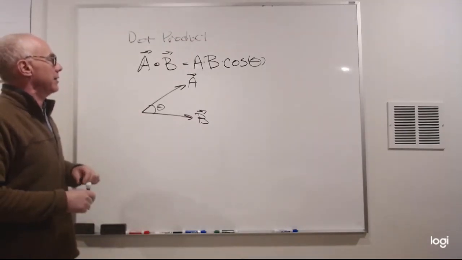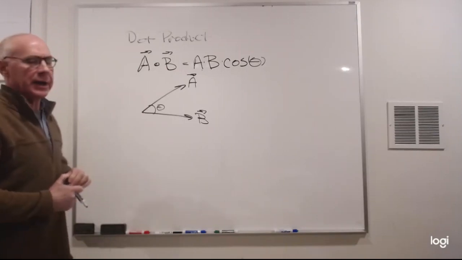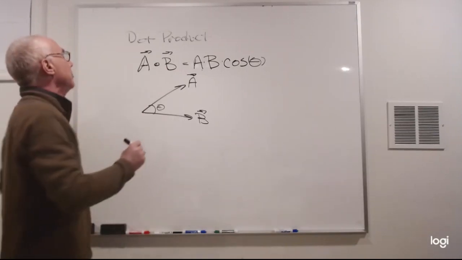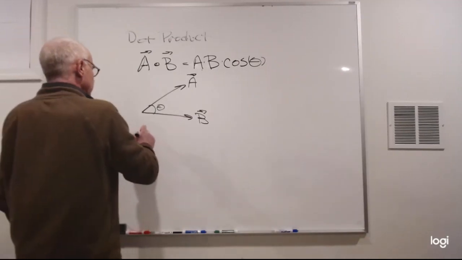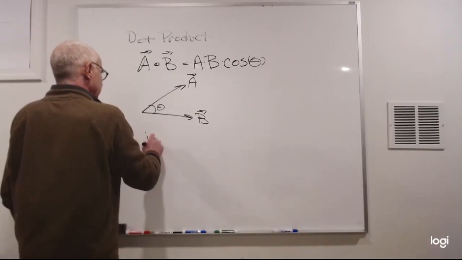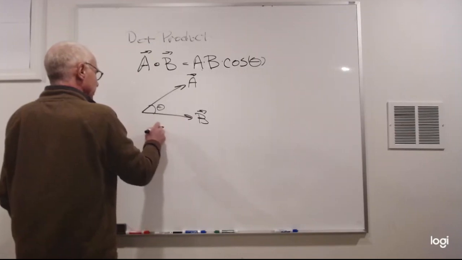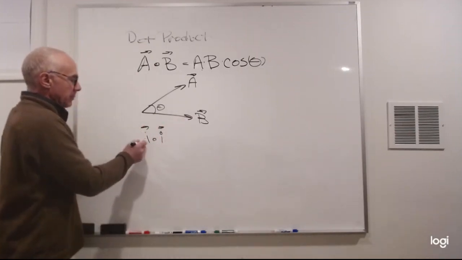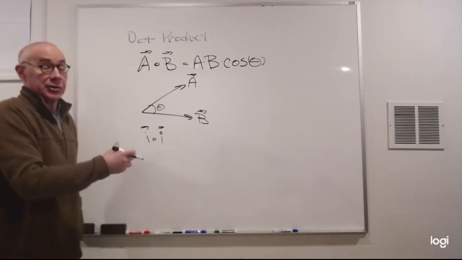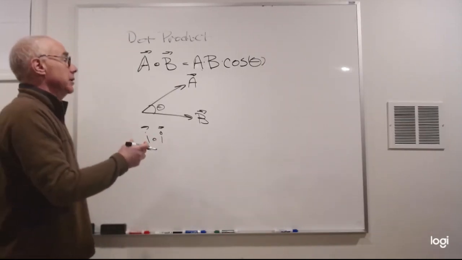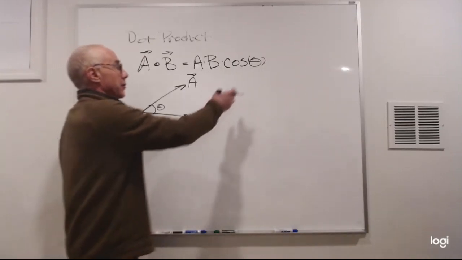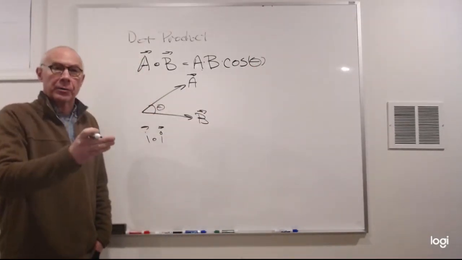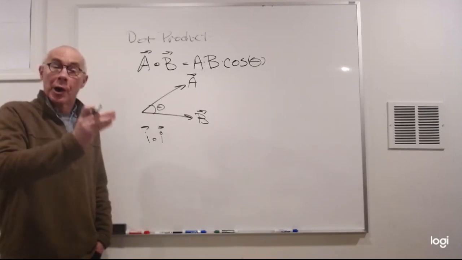All right, so this has some interesting properties. Let's look at the unit vectors i, j, and k, and what happens when you multiply them by each other. If you have i dot i, for example, okay, so we're going to take the dot product of two unit vectors. They're essentially the same vector. The value of theta in this case, of course, will be 0, and cos 0 equals what? 1, right?